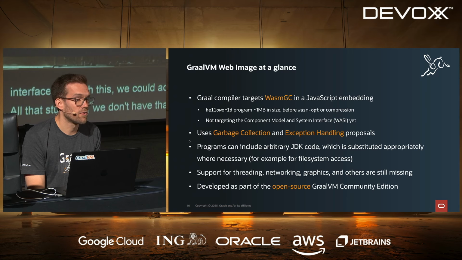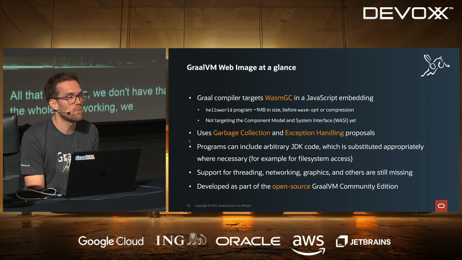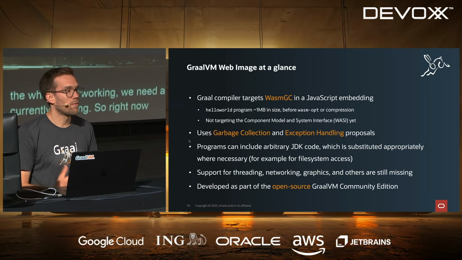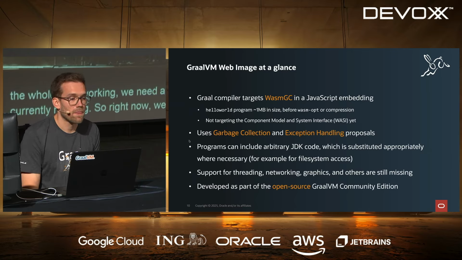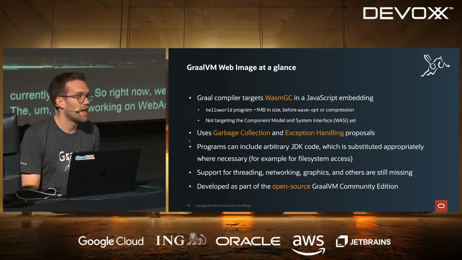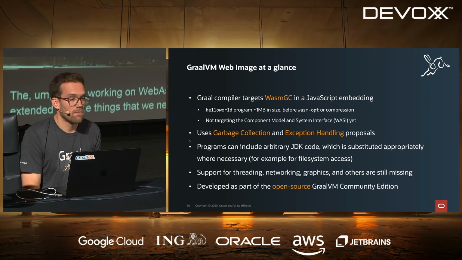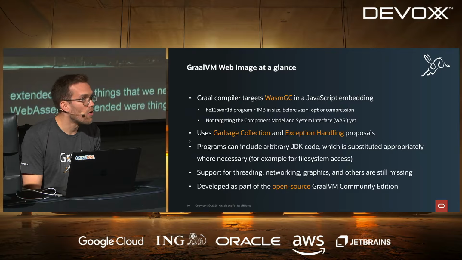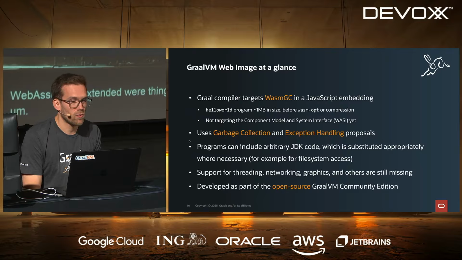And in fact, to get the whole JDK working, we need a few things in WASI as well that are currently missing. So right now we're working with the Bytecode Alliance. They're working on WebAssembly, and we're trying to get WASI extended with the things that we need, and other proposals for WebAssembly extended with things that we need to bring even more to the Wasm world.